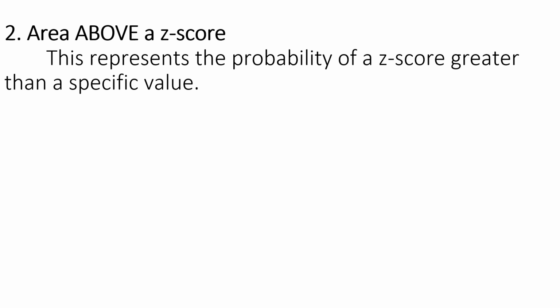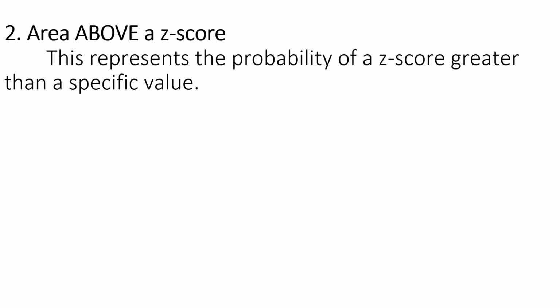So in this case, you will shade to the right if you saw the keywords greater than, more than, above, or at least. And also the probability notation will be greater than.